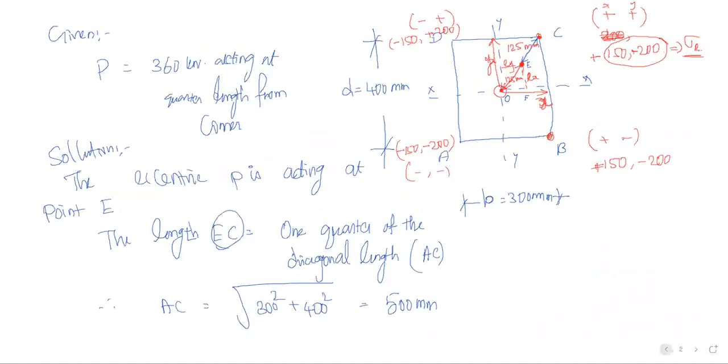Next, at point A, both x and y values are minus. The resultant stress at point A: x value is minus 150 mm and y value is minus 200 mm.